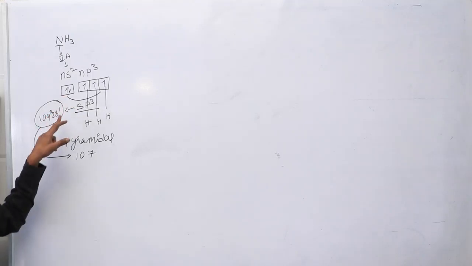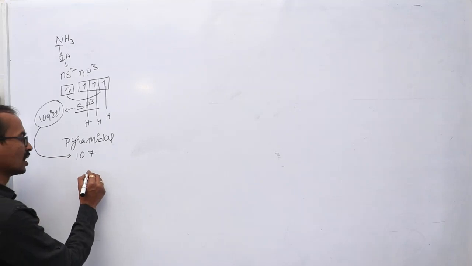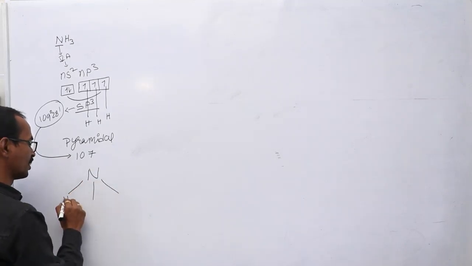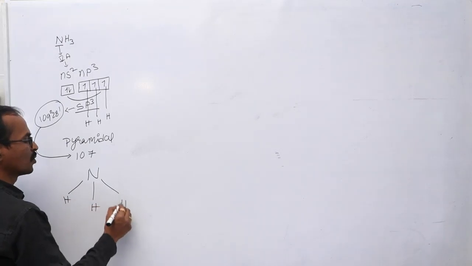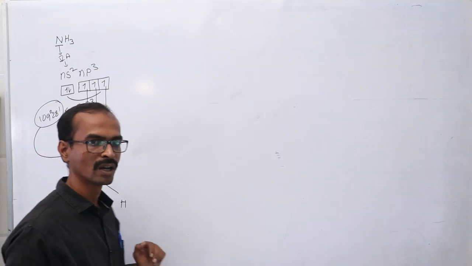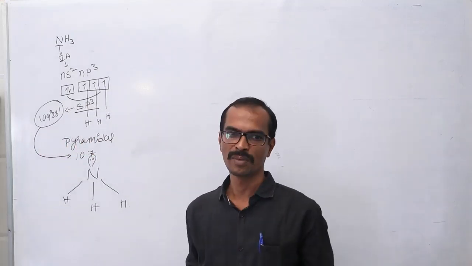So the deviation in the bond angle will be discussed in detail in the VSEPR theory, valency shell electron pair repulsion theory, and this will be the structure of the ammonia molecule. And in ammonia, the nitrogen is having a lone pair of electrons. So ammonia is having 1 lone pair and 3 bond pairs.